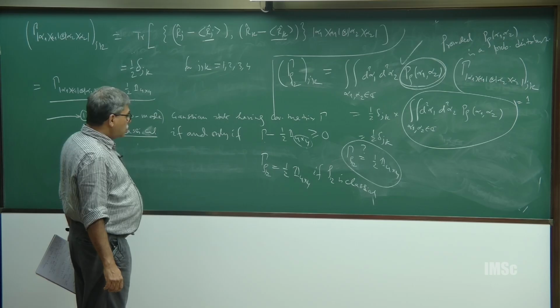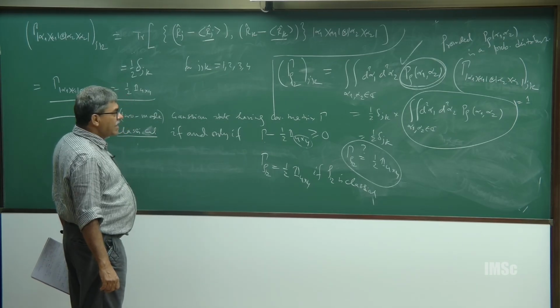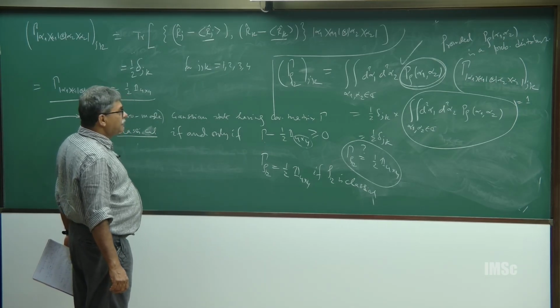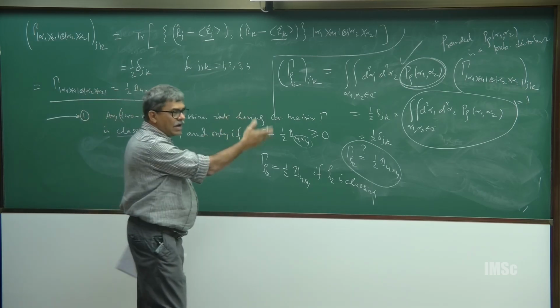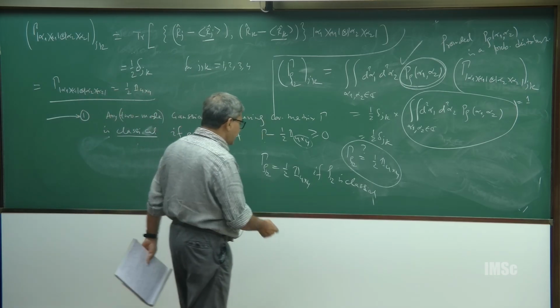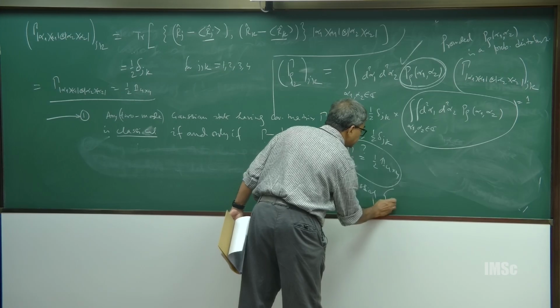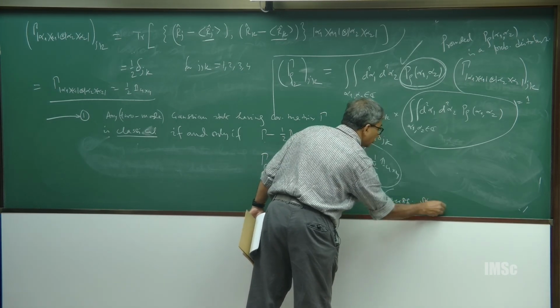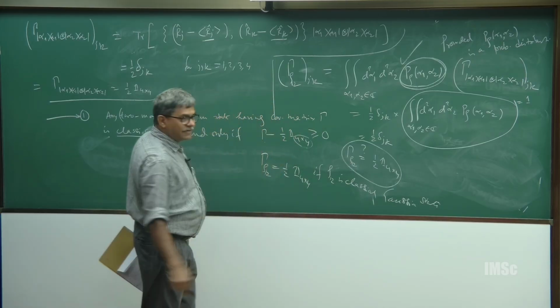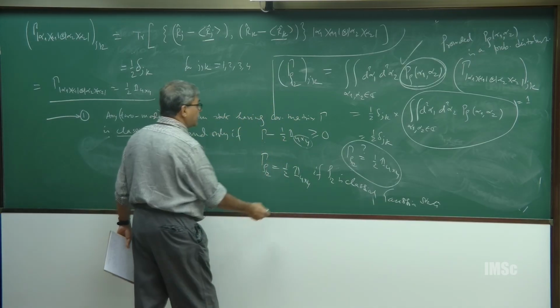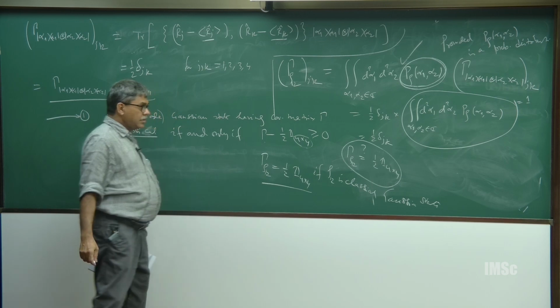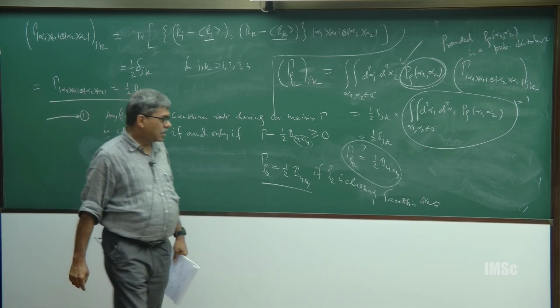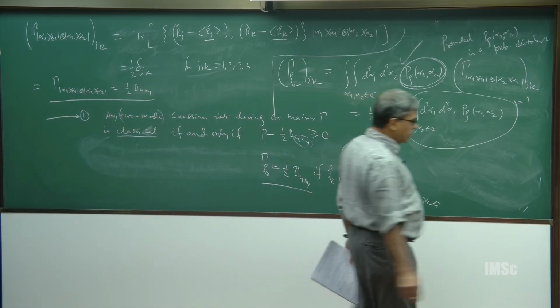So in our case this is a classical Gaussian state. If rho is a classical Gaussian state, then this is what you have, and therefore of course this condition is also satisfied.